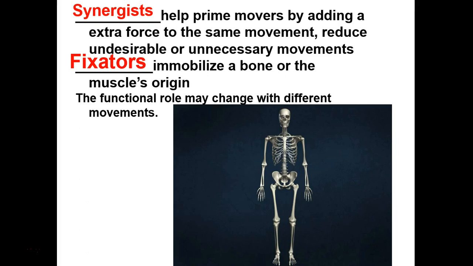Now, the role of muscles can change, and I gave you the example of the biceps and the triceps and flexing and extending. There is a movie on MyLabsPlus that actually shows you how the roles can change from prime mover to antagonistic muscle, and so I hope you view those.